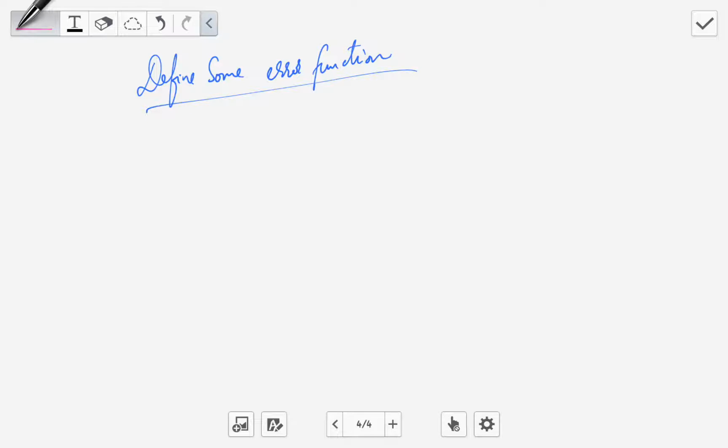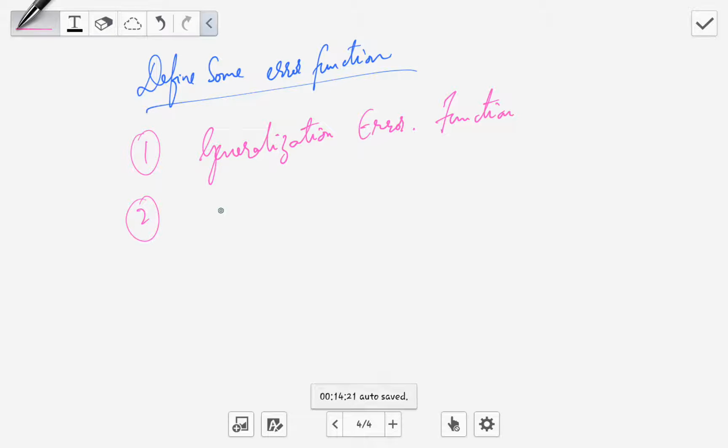There are two kinds of error functions. One is the generalization error function, and the other is called the empirical loss function.